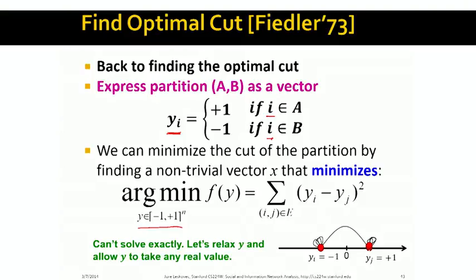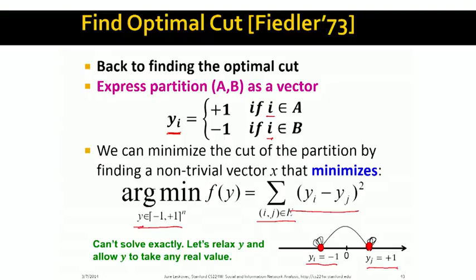So basically, the equation is: I want to assign labels +1 and -1 to all the nodes in the network in such a way that the sum over the edges of this network, (y_i - y_j) squared, is as small as possible, right? What this is saying is I want to embed nodes of my graph onto the real line, where some nodes can only have coordinate -1, other nodes can only have coordinate +1.